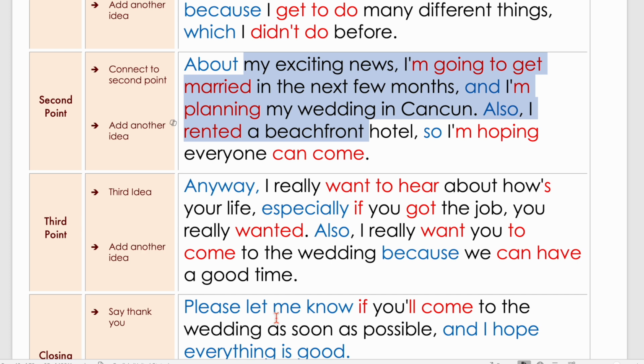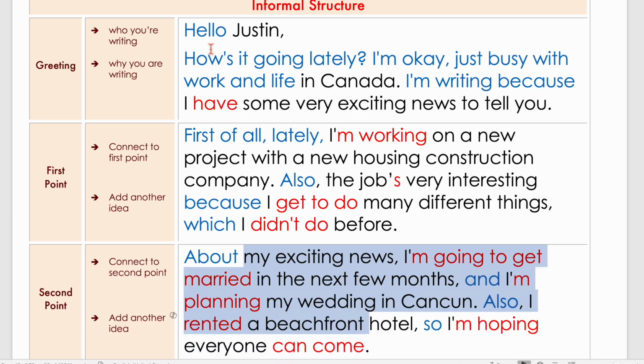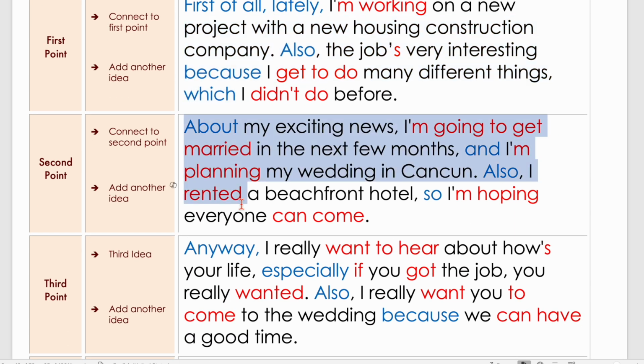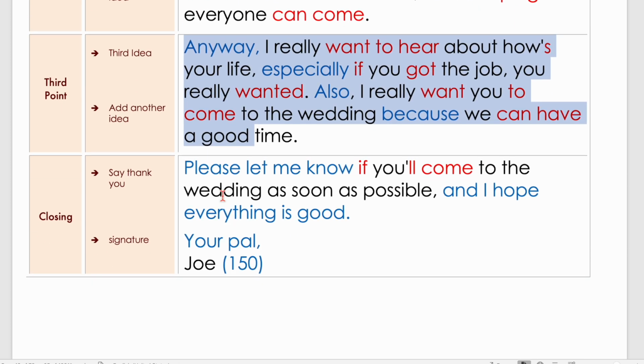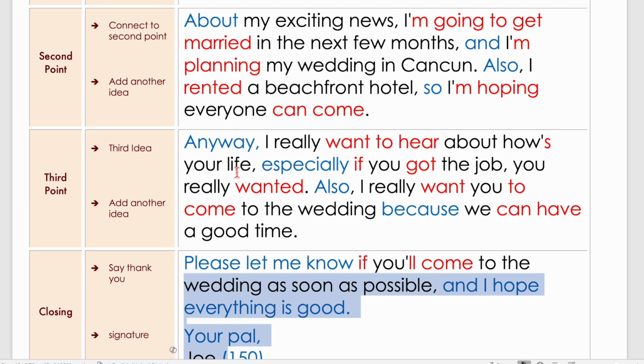Secondly, it's 6 or higher because we organized very well. From beginning to end, we have 5 paragraphs with really good connection. So that's so important. Having 5 paragraphs with really good connection.